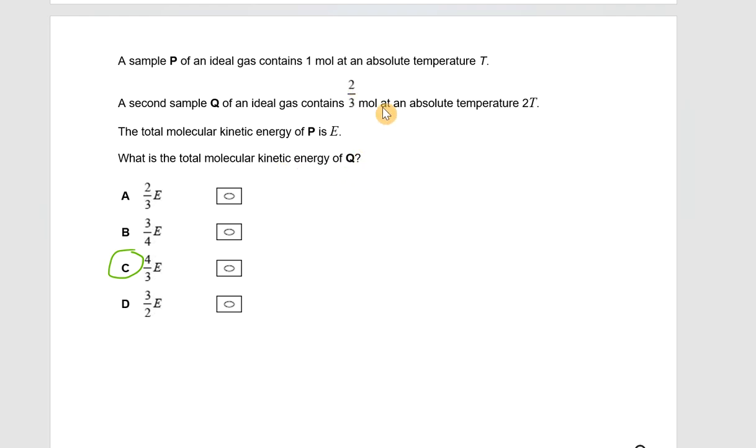So the first thing I'm going to do is look and see how much the kinetic energy changes for one molecule when we double the temperature. We can use the following equation from your data book, and it says that the energy of a gas molecule is equal to 1/2 times the mass times the root mean square speed squared, and that's equal to 3/2 multiplied by the Boltzmann constant and the temperature.